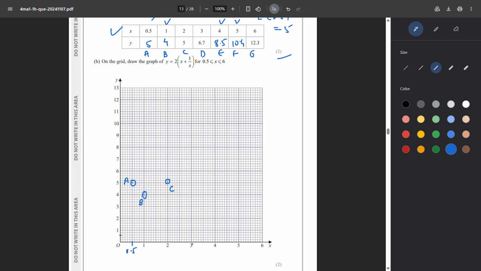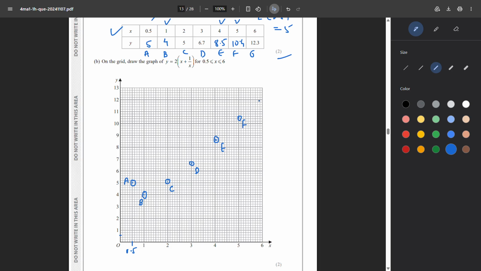Next, 3 and 6.7, x is 3 and y is 6.7, so it will come somewhere here. This will be our point D. Point E is 4 and 8.5, so it will come somewhere here. F is 5 and 10.4, this will be your F point.